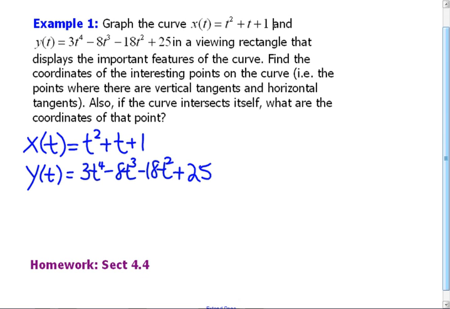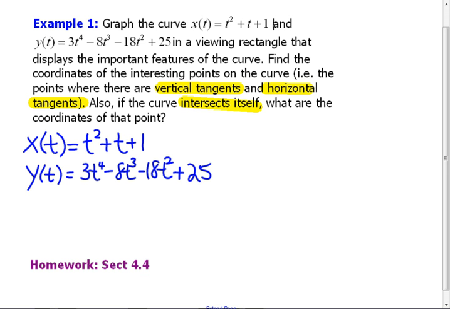Okay? And it asks, find the coordinates of the interesting points on the curve. The interesting points would be where there are vertical tangents and horizontal tangents. And unfortunately, also where the curve intersects itself, there is no intersect button. So that's a problem. You actually have to just do a trace. That's the only way to do it.